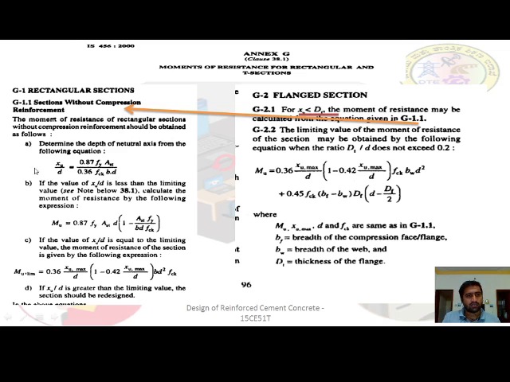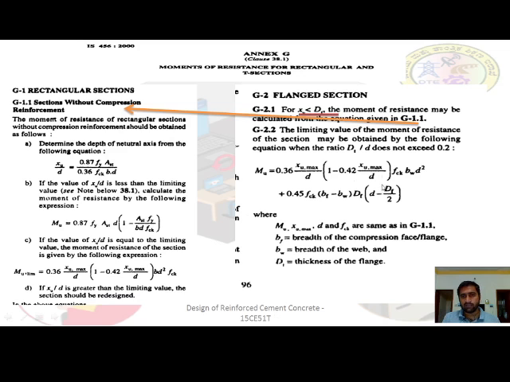This is the rectangular section, so the moment of resistance of the beam can be calculated by this equation. The same equation will be used here when XU is less than DF. When XU is greater than DF, the condition is different.